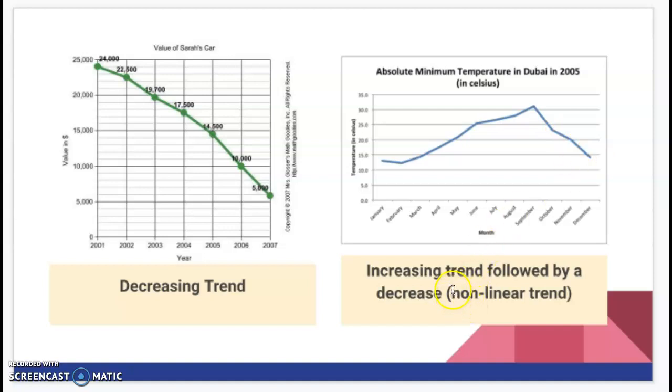And this is a nonlinear trend that is best described by an increasing trend followed by a decrease. And I would say that looking at this data, that increase is fairly gradual. Same with that decrease.